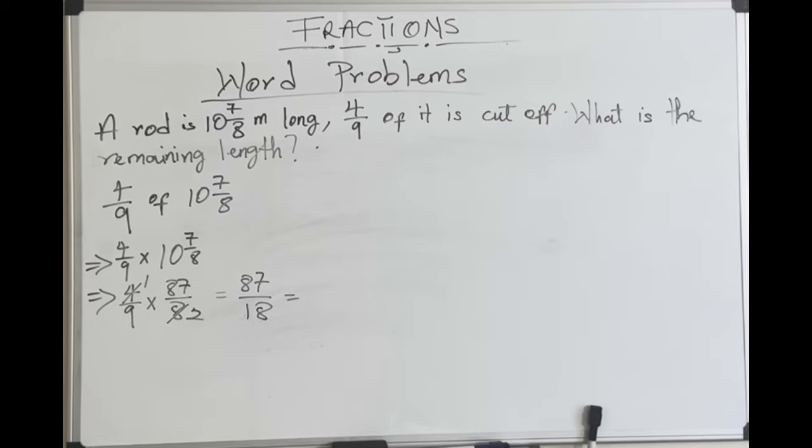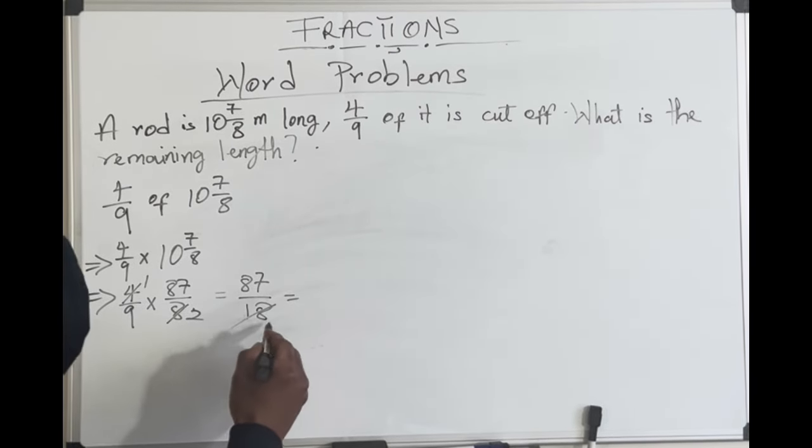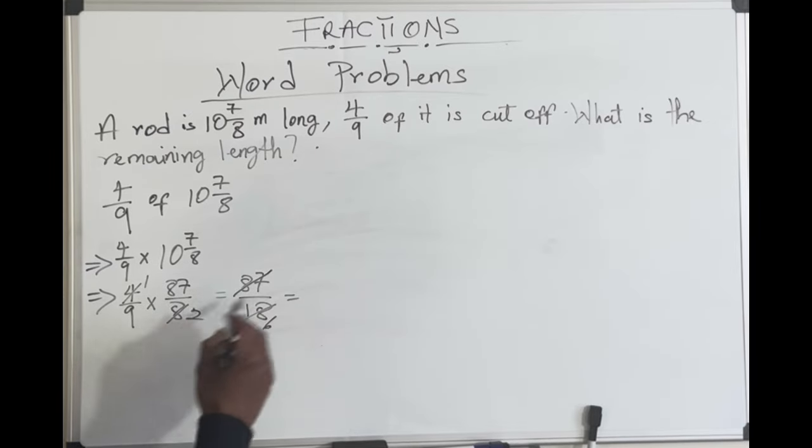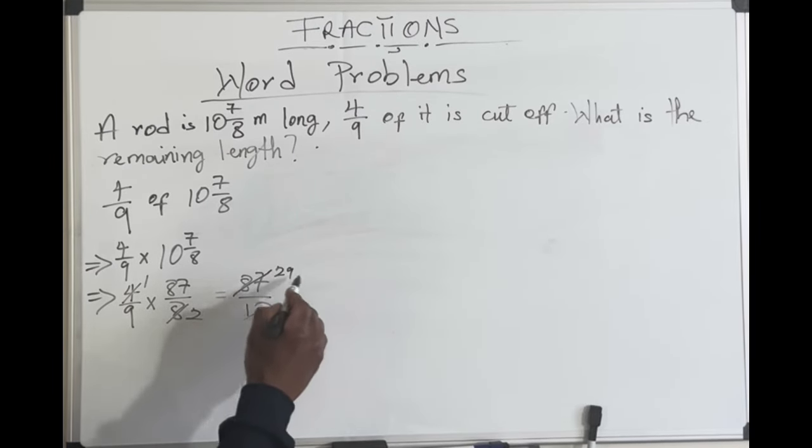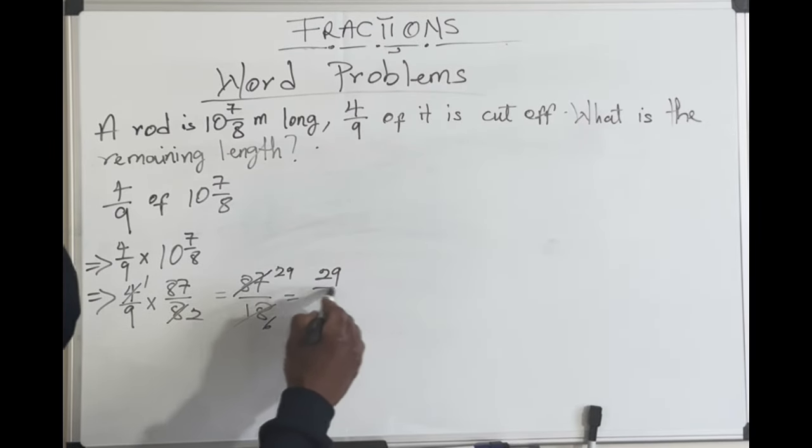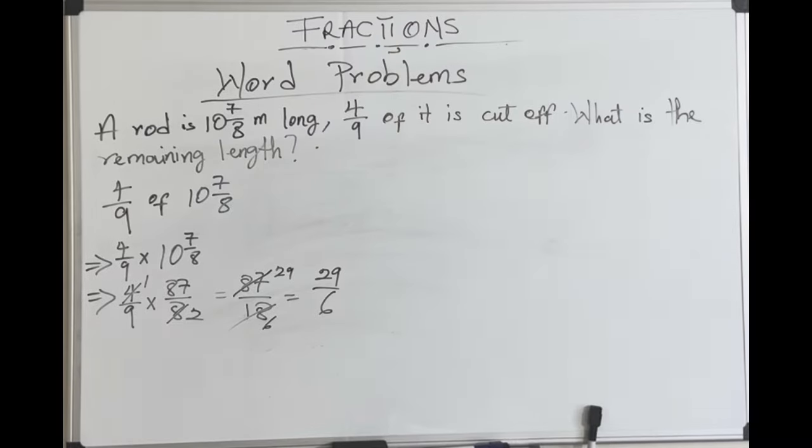Okay, so 3 goes into 18 6 times, it goes into 87 29 times. So 29 over 6. Okay, all right. And right after that, that wouldn't be the final answer.